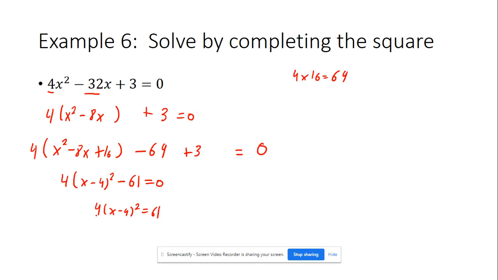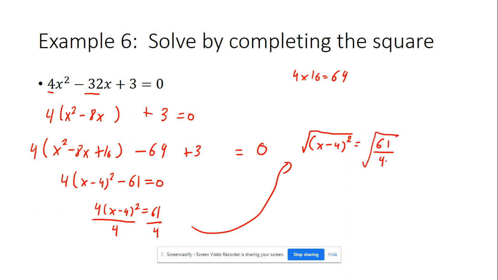And then I'm going to get rid of this 4 over here. So I'm going to divide by 4, like that. So we get x minus 4 squared equals 61 over 4. Square root, and don't forget our plus or minus x minus 4. So square root of 61 is just going to be square root of 61. I can't simplify that one.